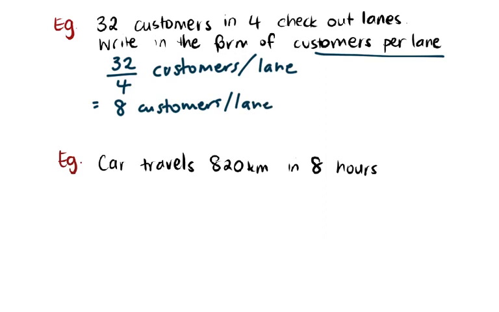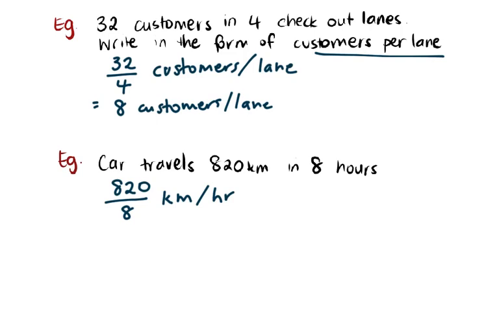Let's do another example. It says a car travels 820 kilometres in 8 hours. So we want a rate that's written in kilometres per hour, because we want to know how much it's going to travel per hour. So remember, the first thing is to write it as a fraction, and then we write kilometres per hour.